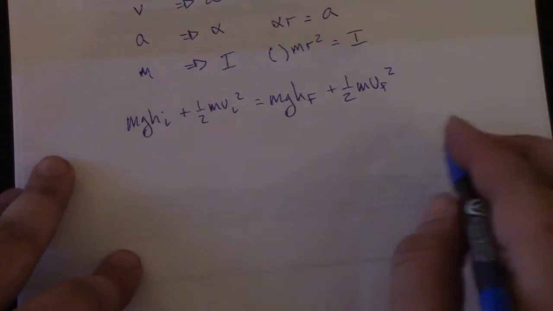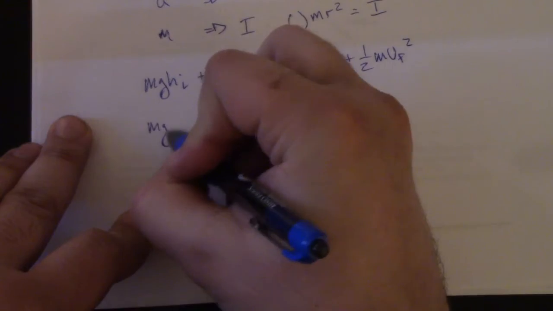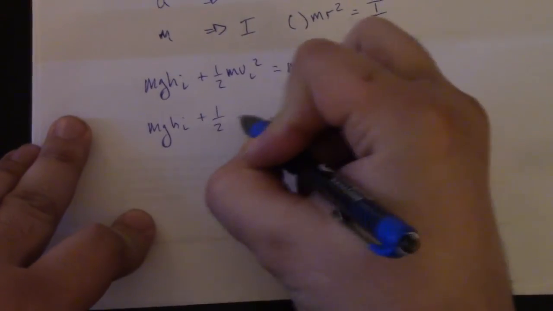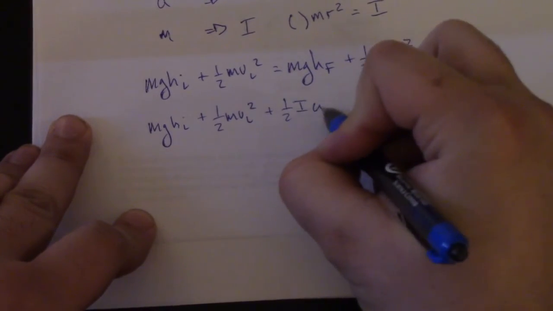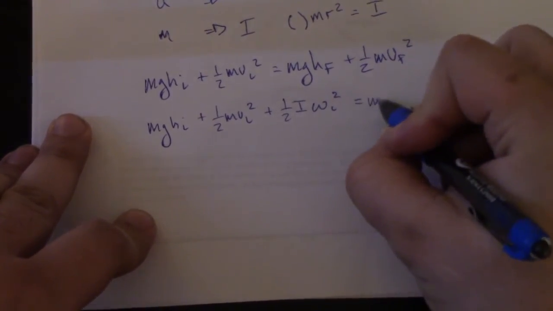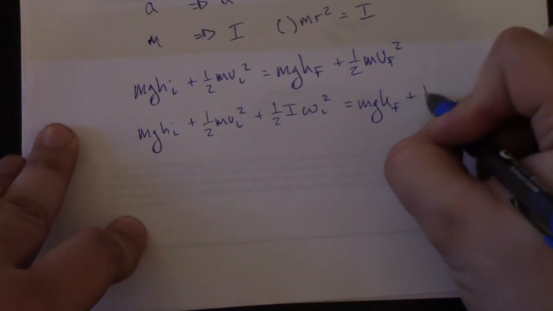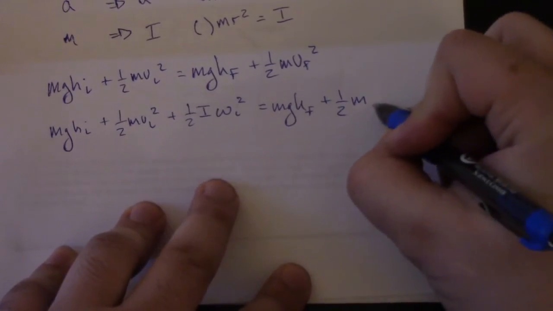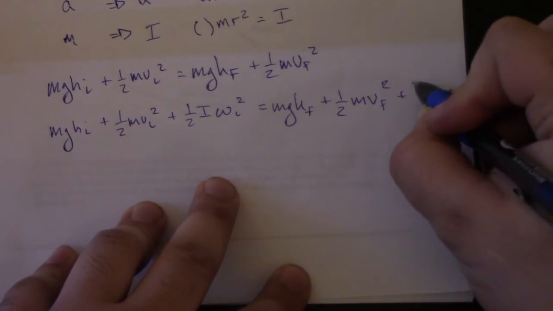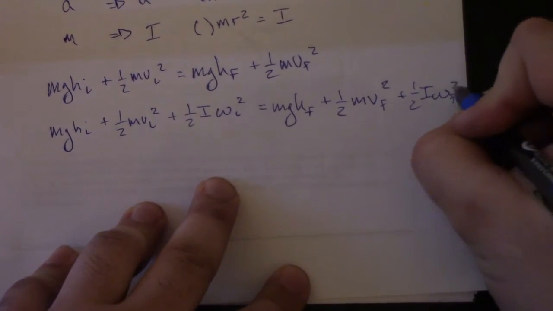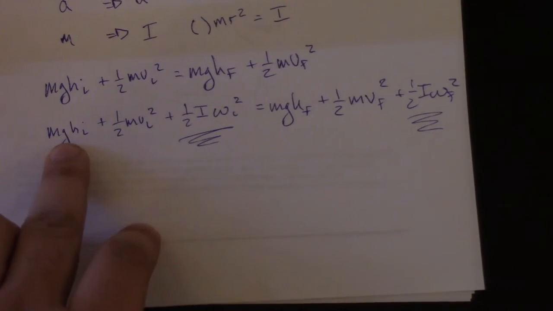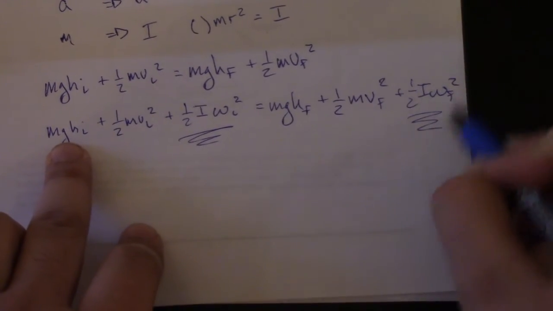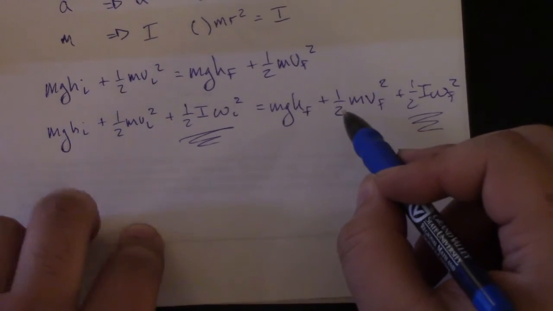And so we're actually going to have mgh initial plus 1/2 m v initial squared plus 1/2 I omega initial squared equals mgh final plus 1/2 m vf squared plus 1/2 I omega f squared. So it's these two components that are your rotational kinetic energy. And as you can see, some of the energy from potential energy is going to end up going into rotating the object, not just moving the object down the ramp.